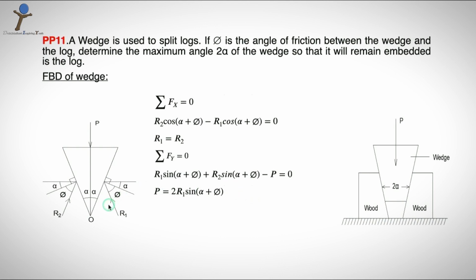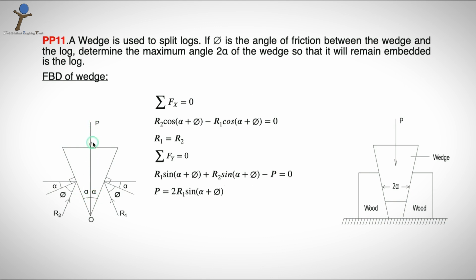In the first phase, consider the free body diagram of the wedge. Remove the wooden log. In place of the wood, you apply the reaction forces acting on the wedge by the wood on either side. So if this is the wooden log, you just extend this part as a triangle with the included angle as 2 alpha.